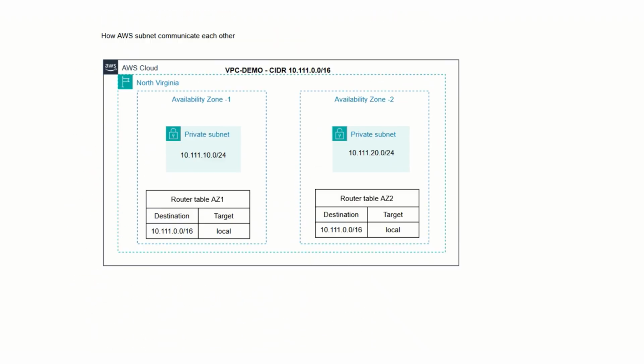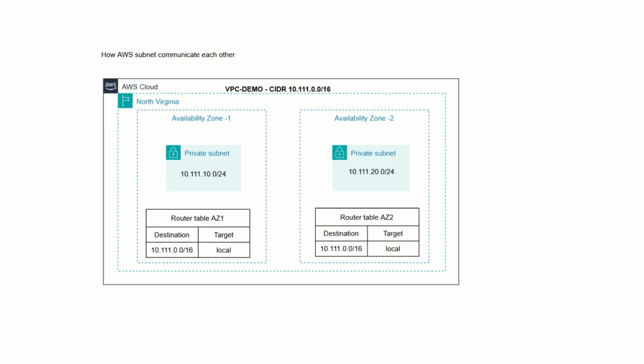So in a legacy network, we would create a VLAN for each network, right? But in the VPC, whenever you create a subnet, there will be a router. The VPC router will be connected with the subnets.